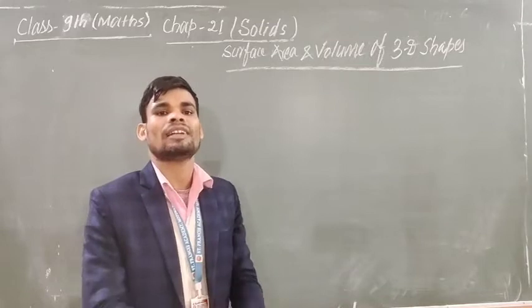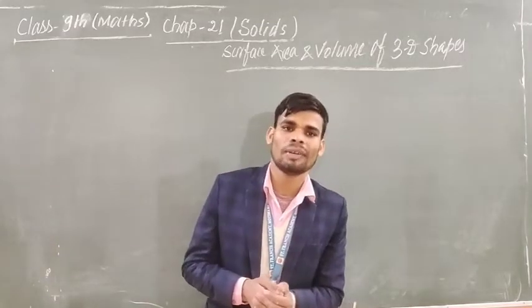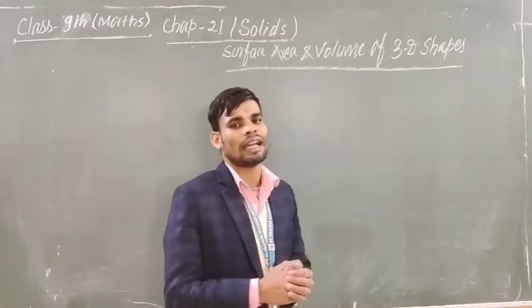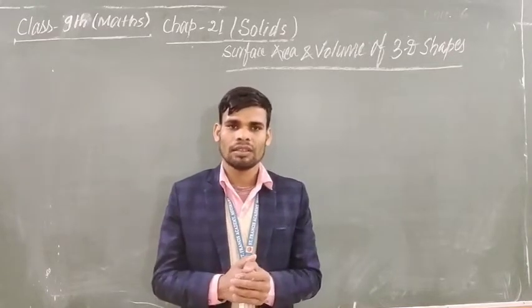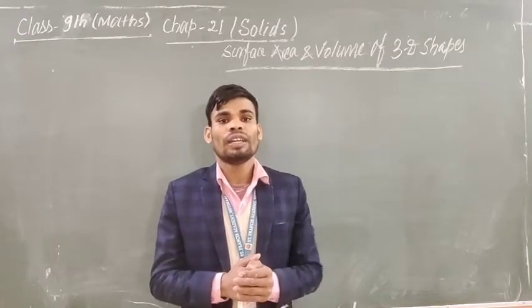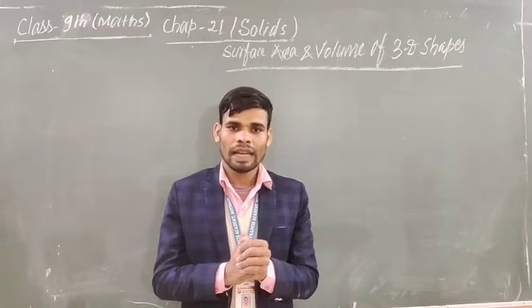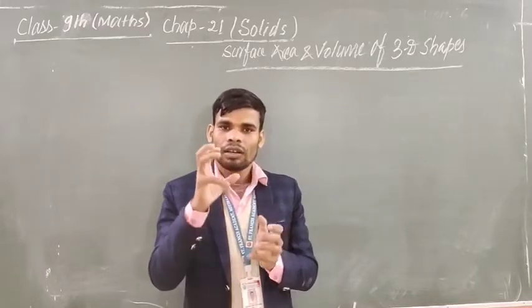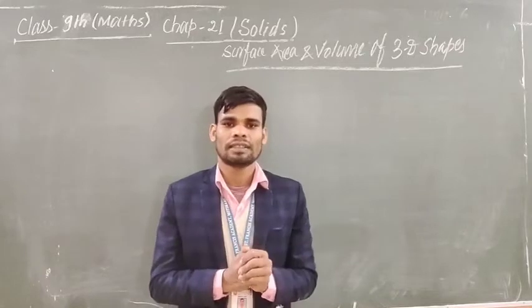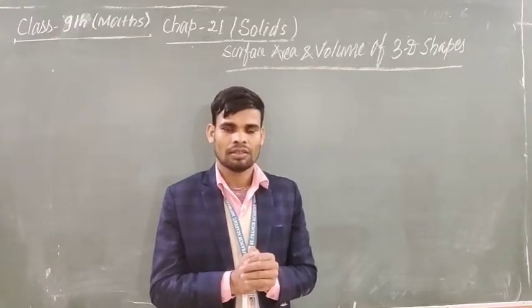But before that, let me explain what is a solid. I think in chemistry you have also studied about solid, liquid and gas, the types of matter. There we studied that a substance which occupies space and has a definite shape is known as a solid.